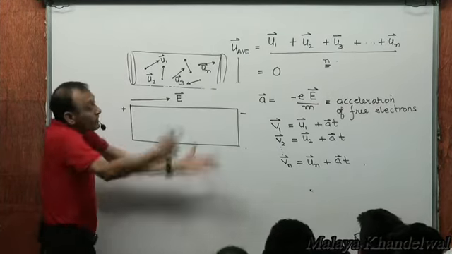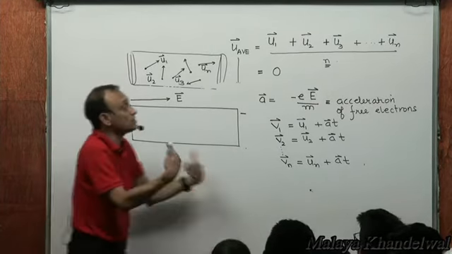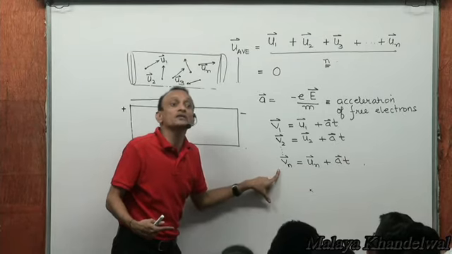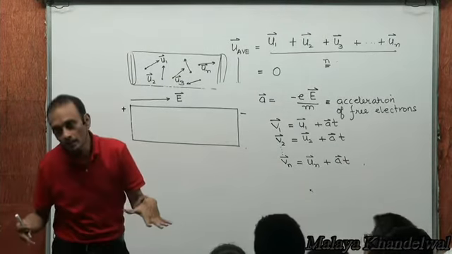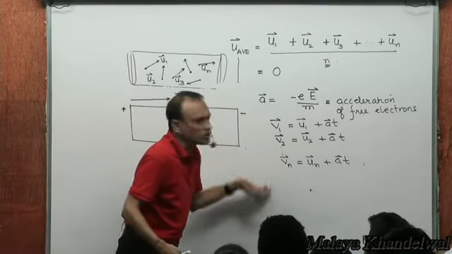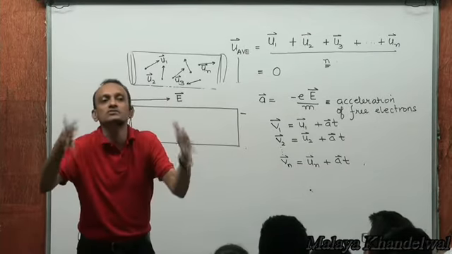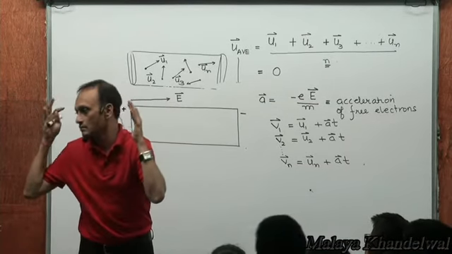But now, before its next collision, which is T seconds later, its velocity will become v1. Velocity of the second one will become v2. Velocity of the nth electron will become vn. Yes or no? Clear? So these are the revised velocity profile of the n electrons that I am investigating, right?